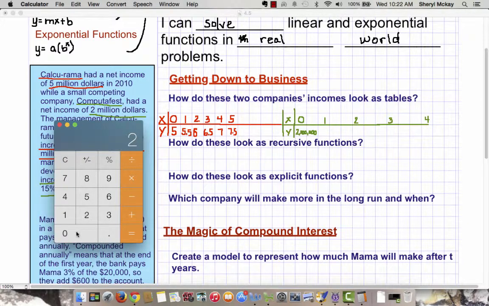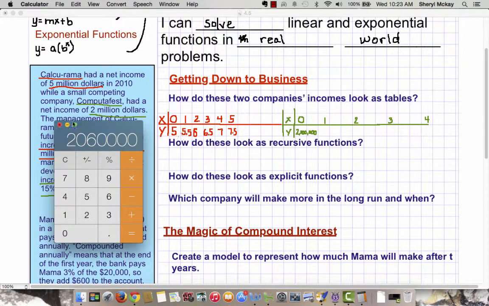So 2 million plus 60,000 equals 2,060,000.